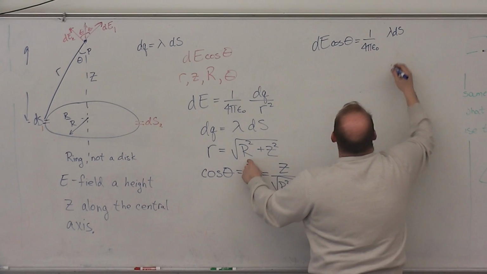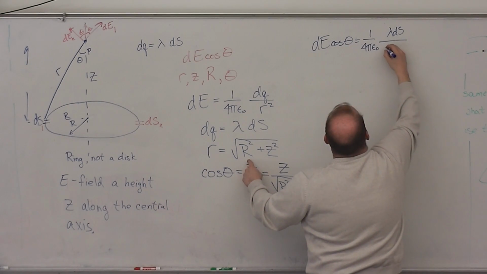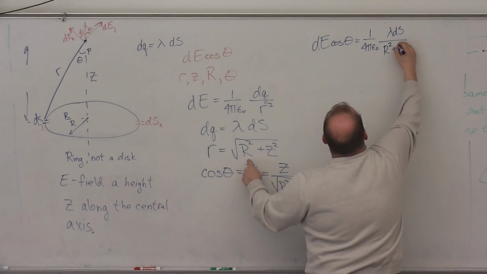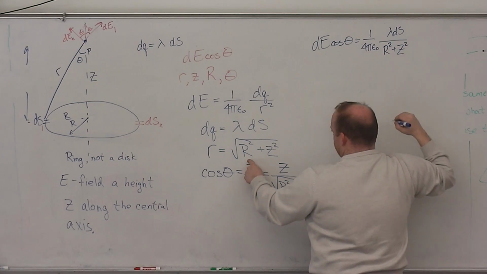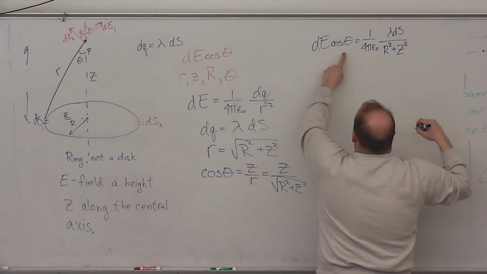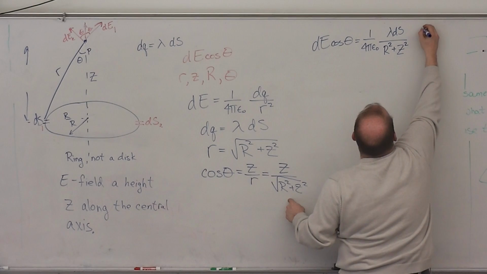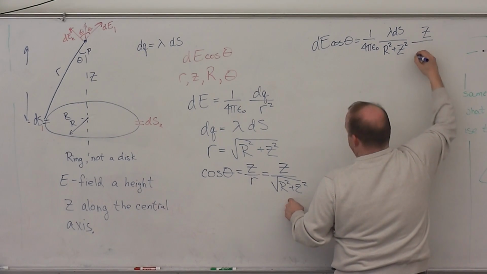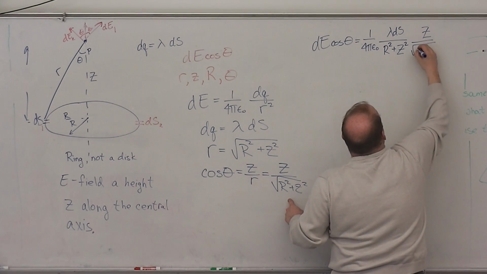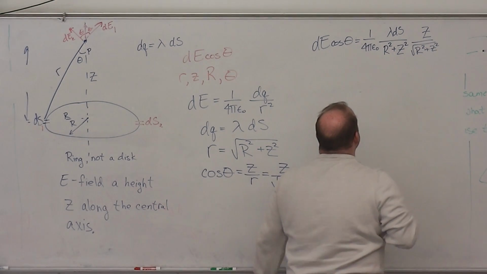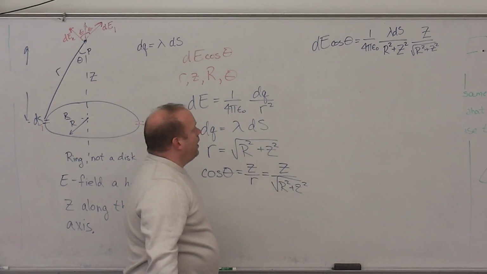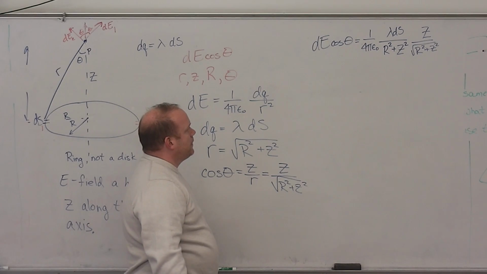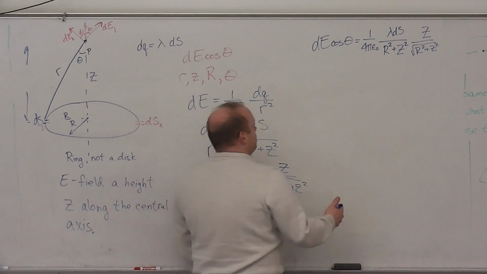Over big R squared plus z squared times cosine theta. Cosine theta is going to equal z over square root of r squared plus z squared.